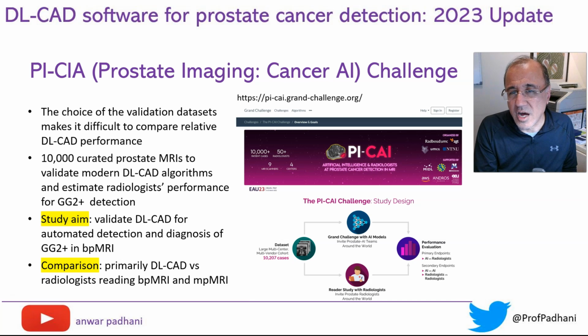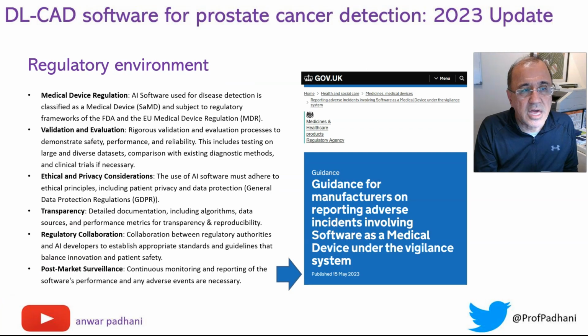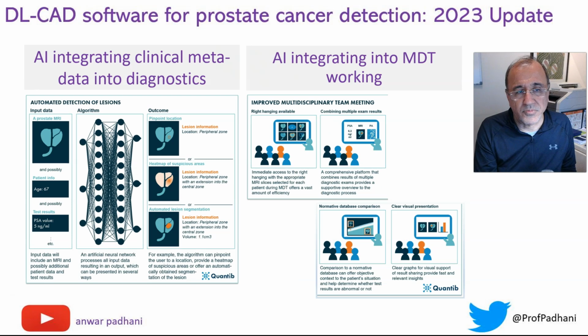And you should ask any vendor about their performance on this challenge and other challenge datasets. And of course, the regulatory environment is now also changing. So you can see on the right hand side some recent guidance that if there are adverse incidences by AI when it's used as a medical device, these should be reported.